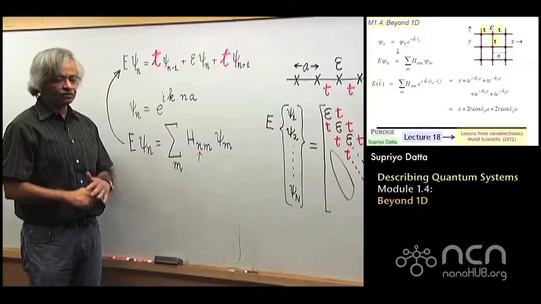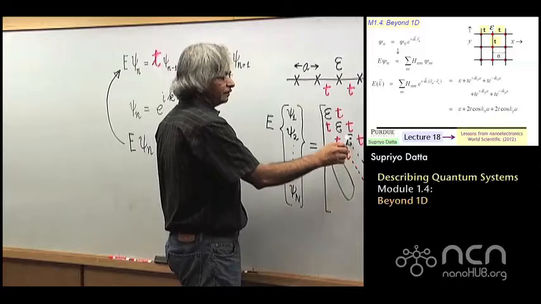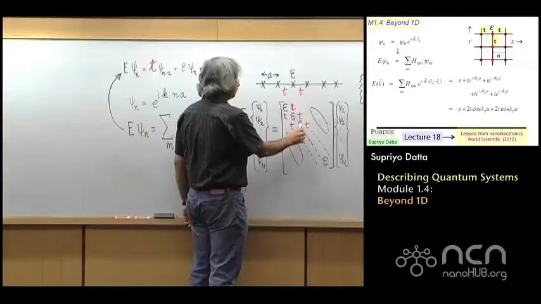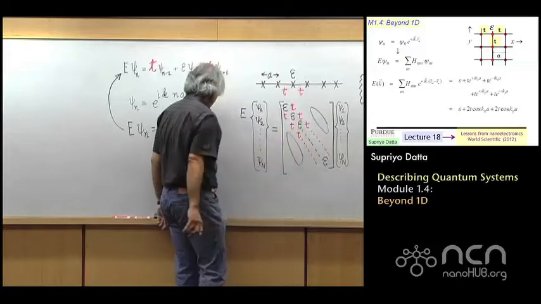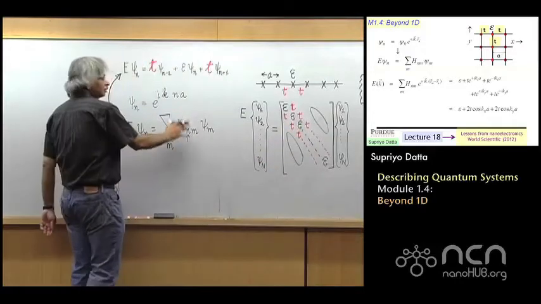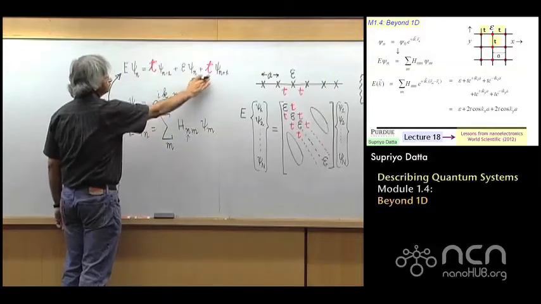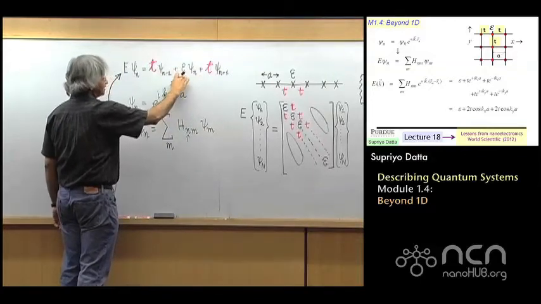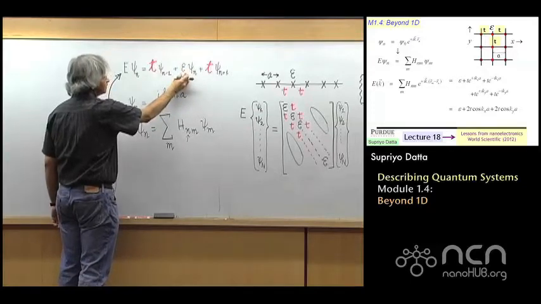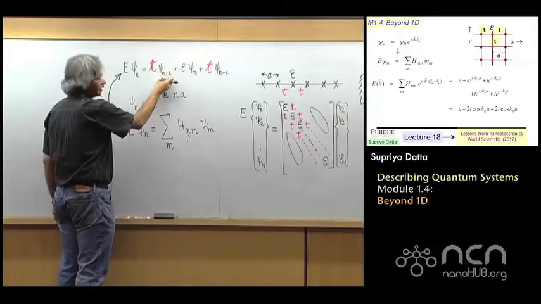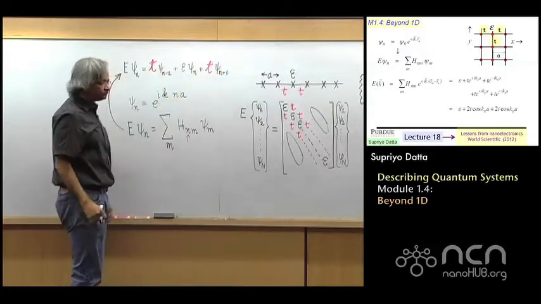And those 3 values are when m is right on n, that's the diagonal element, or if m is 1 bigger or 1 smaller. And so, when I write out all the terms, the only non-zero terms would be 3 of them. The ones where m is equal to n, that's when I get an epsilon here because that's the diagonal element. When m is n minus 1, that's when I get the t. When m is n plus 1, that's when I get the t.